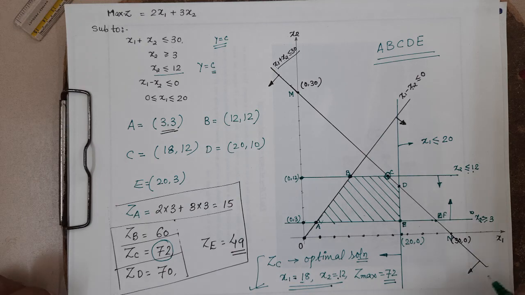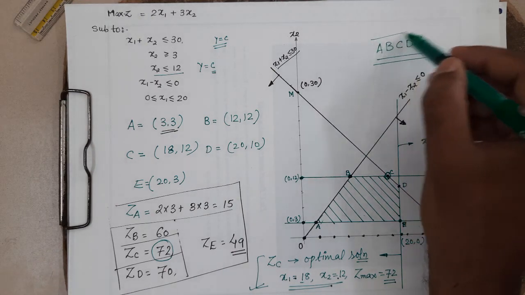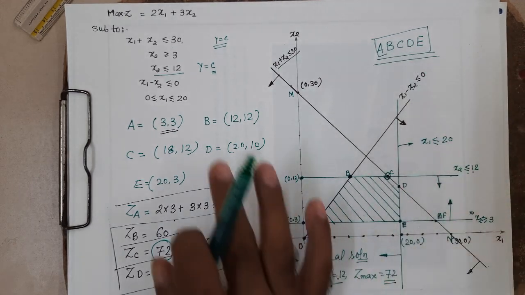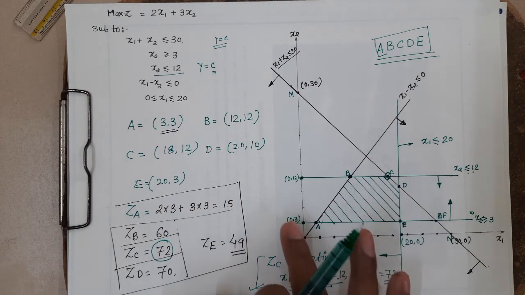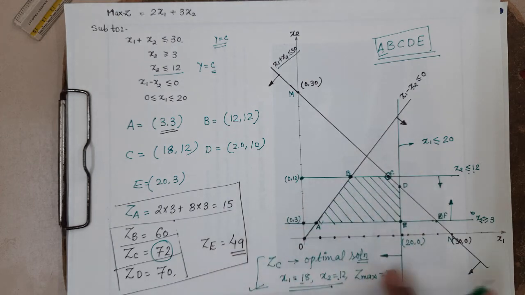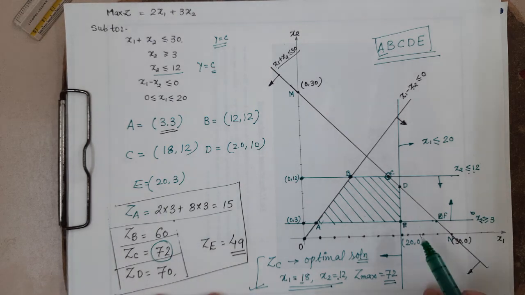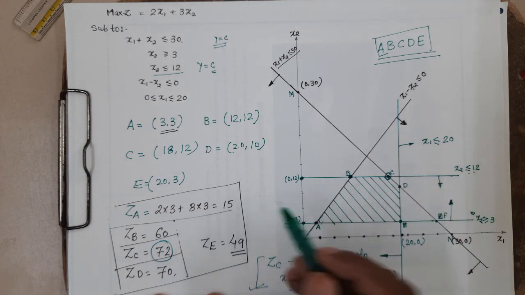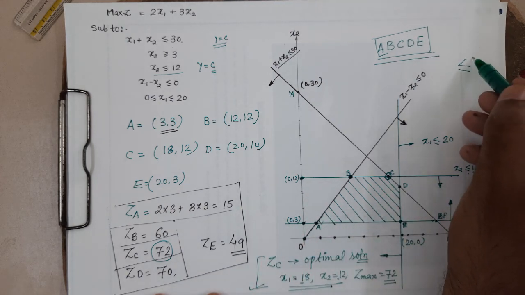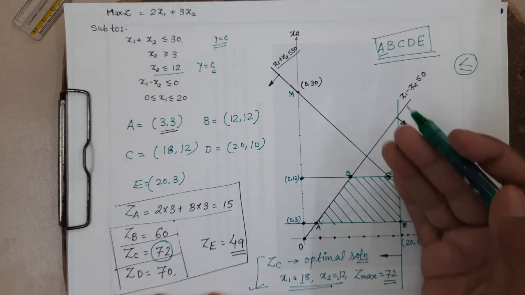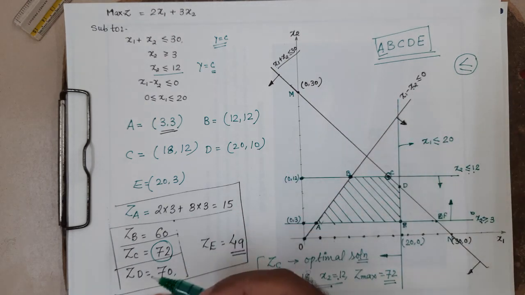I hope you got the procedure and how to solve. समझ में आया होगा कि कैसे इसको solve कर रहे हैं. If you are able to plot this constraint on this graph paper, you will be able to follow how to solve a linear program by graphical method. आपको केवल इतना ध्यान रखना है, if it is less than equal to type constraint है, so your region will be towards the origin की side में आना है.